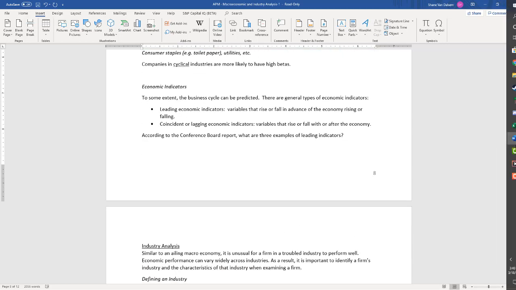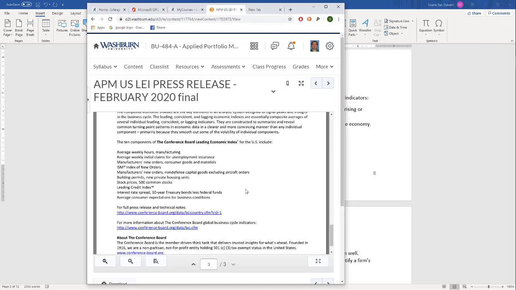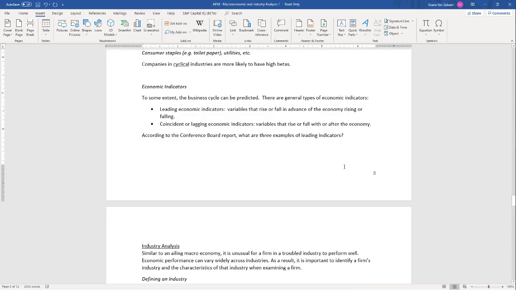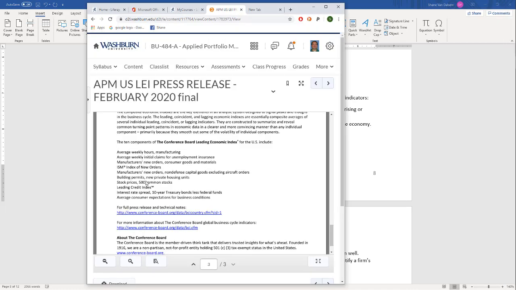According to the Conference Board report, 3 examples would be average weekly hours of manufacturing, claims for unemployment insurance, and manufacturers' new orders.